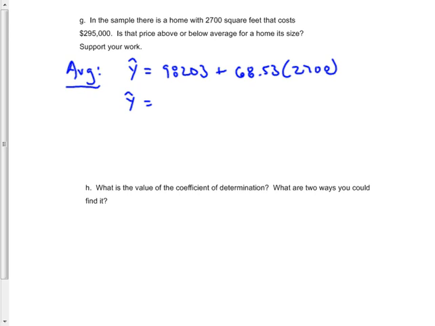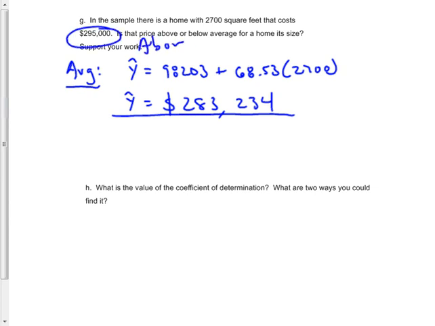All right, so again, we'll go to the calculator. I'm getting $283,234. So there's my average Y value. So we're above that, right? This is above average.